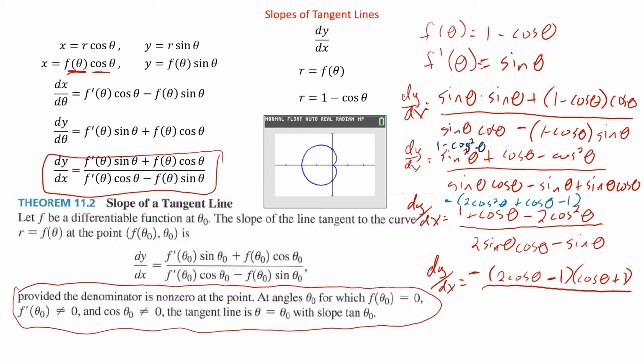Then the denominator, they both have a sine in common, so we can factor out a sine theta, leaving us with 2 cosine theta minus 1. And nothing here cancels. Nothing should cancel. 2 cosine theta minus 1, 2 cosine theta minus 1.